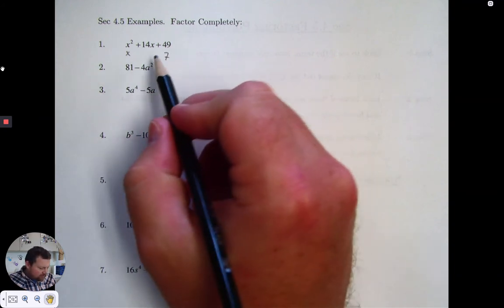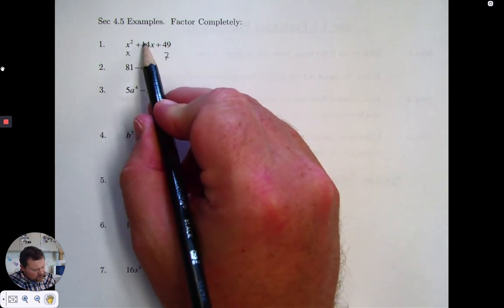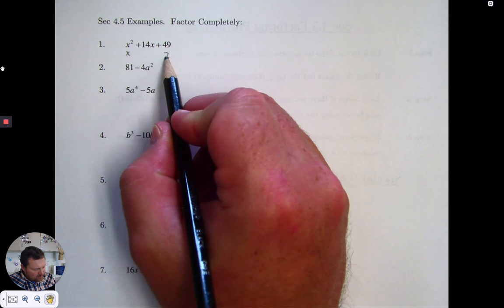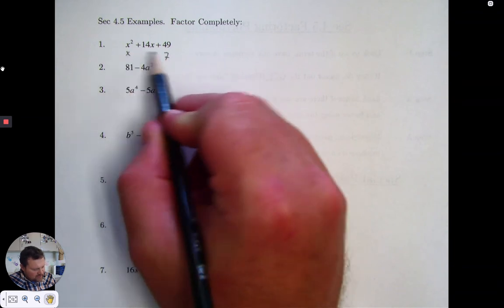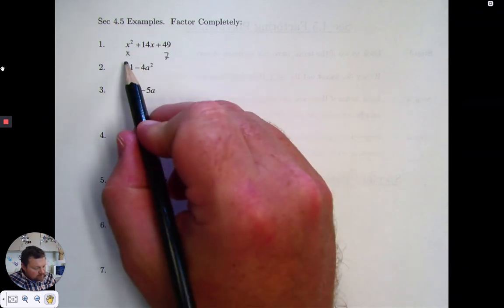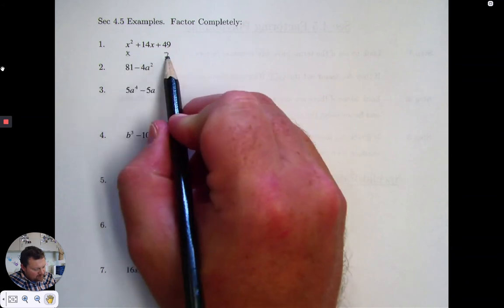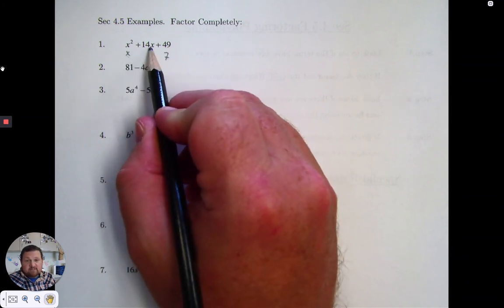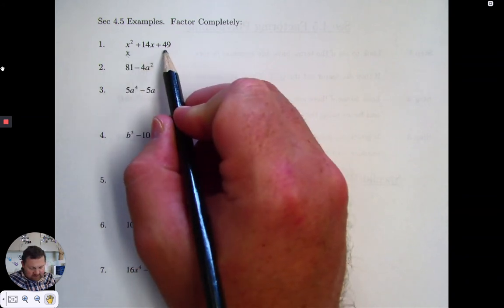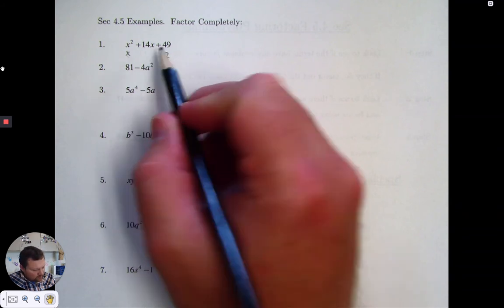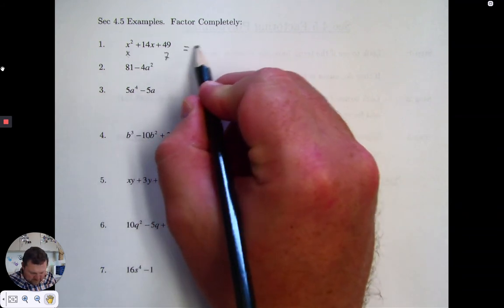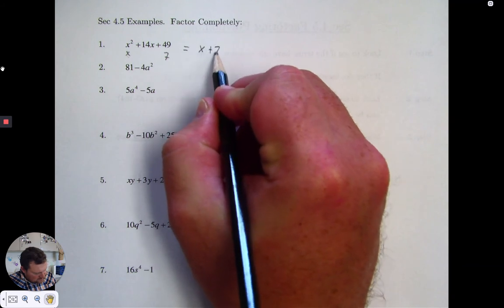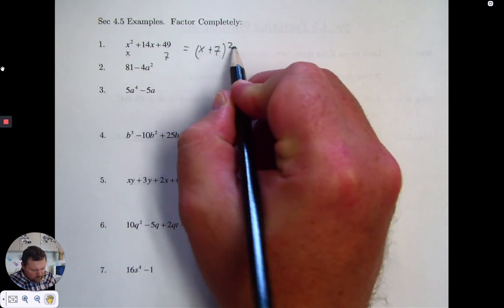If this fits the pattern, then the middle term would be 2 times a times b, where the square root of the first is a and the square root of the last is b. So 2 times 7 gives us 14, times x gives us that 14x. That means this is a perfect square trinomial, so it equals x plus 7 squared.